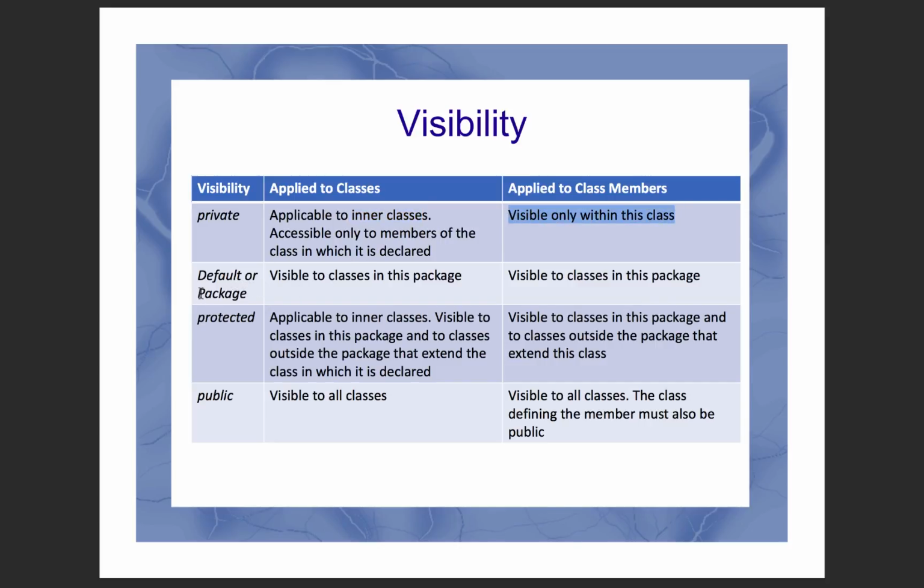Default or package is a class visible to classes in the same package, as we already discussed. You can access any members of that class from other classes in the same package. Protected is also applicable to inner classes, and is visible to classes in the package and to classes outside of the package that extend the classes in which it is declared.